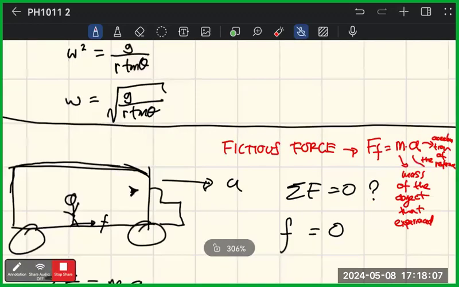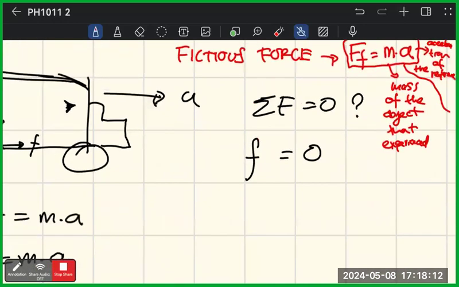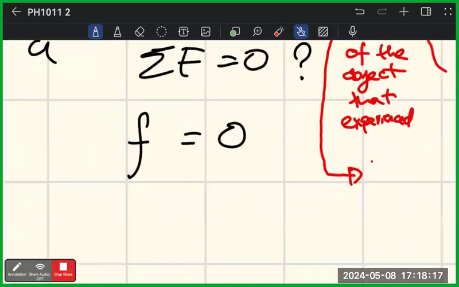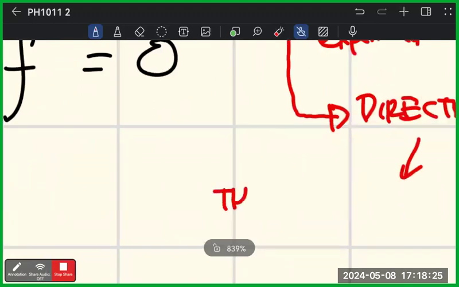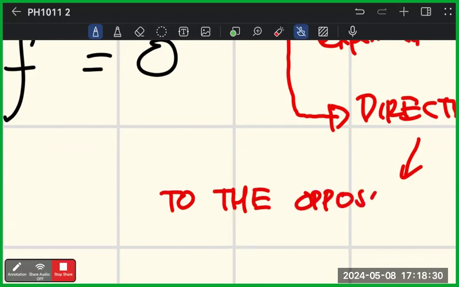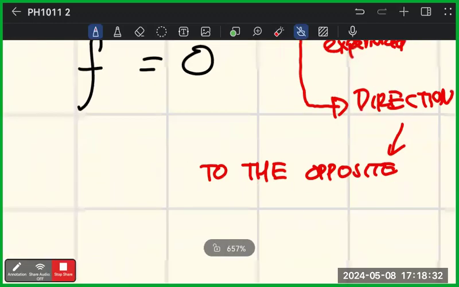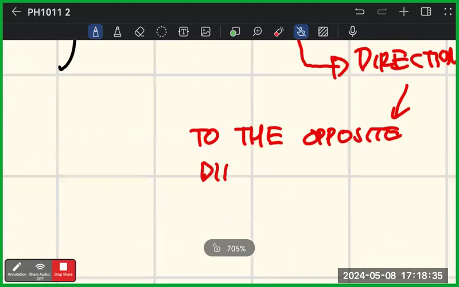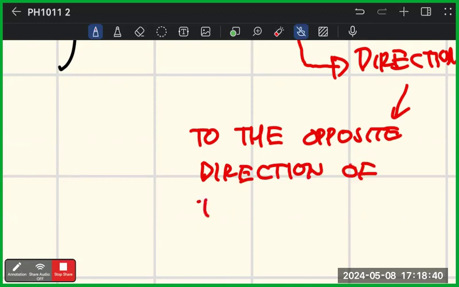Okay, it's very hard to read, whatever. And its direction is directed opposite to the direction of the moving reference.